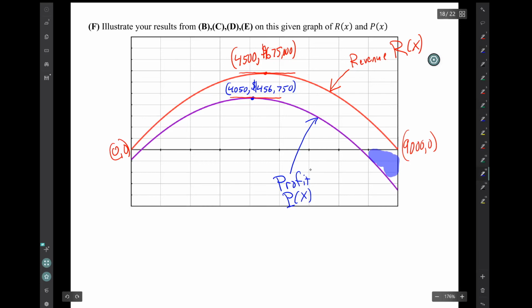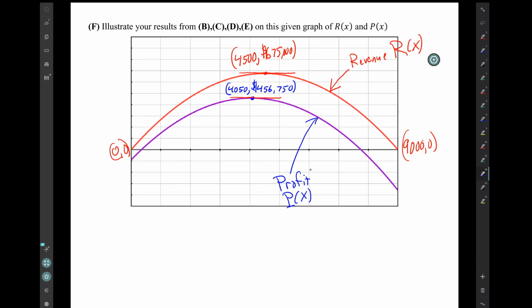In this portion of the graph, the value of the profit is negative. That means that the costs exceed the revenue. Also over here, there's a place in the profit graph that's below the axis as well. So profits can be negative. The company can lose money.